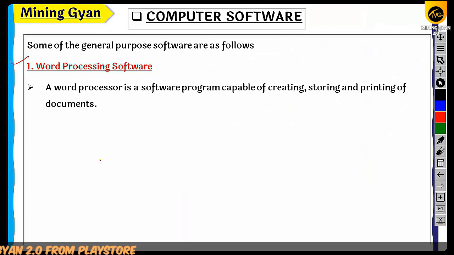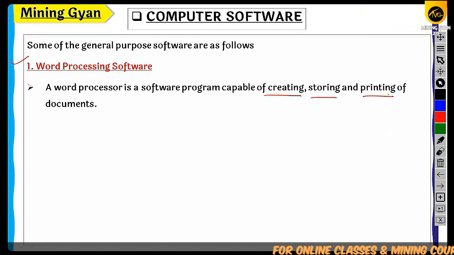A word processing software is a software program capable of creating, storing and printing documents. Basically, any software which is capable of creating, storing or printing any kind of documents belongs to word processing software.